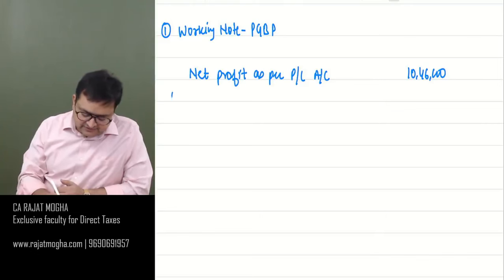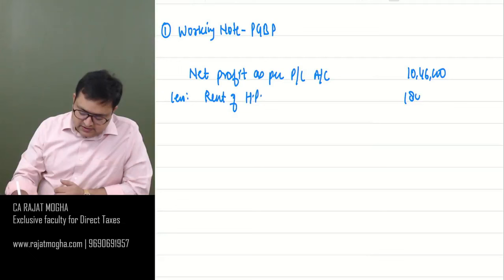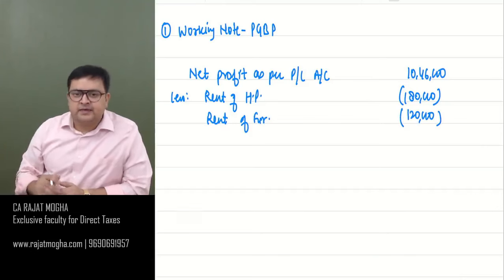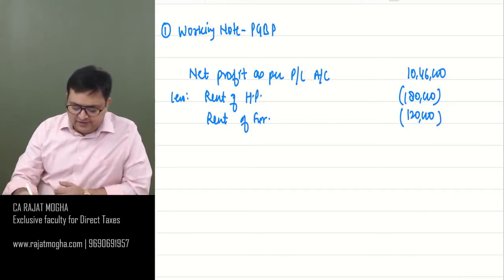So I will say less: rent of house property 180 should be deleted. Rent of furniture 120 should be deleted. Step 1, net profit.